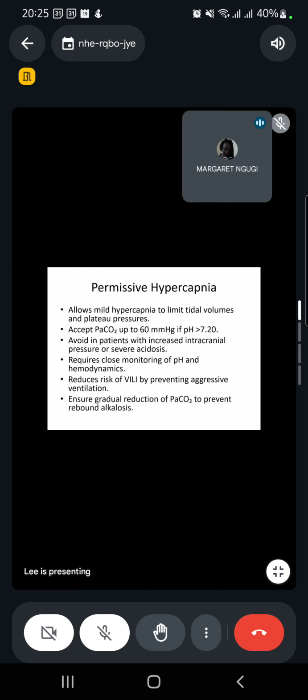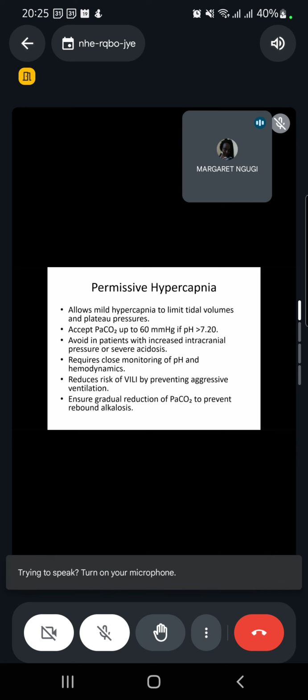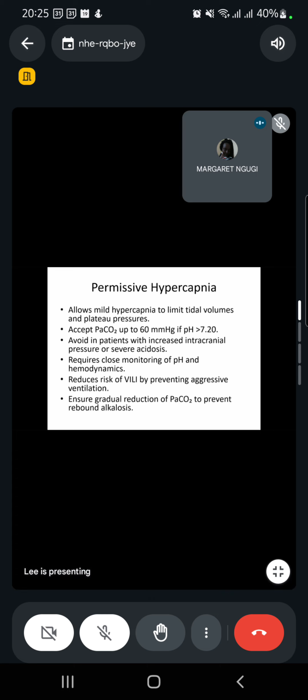So there is permissive hypercapnia when you're using the ventilator. They said in the books that when you note that despite continuing ventilating the patient the SpO2 is not improving, you can increase the respiratory rate, but you're not supposed to increase beyond 35.